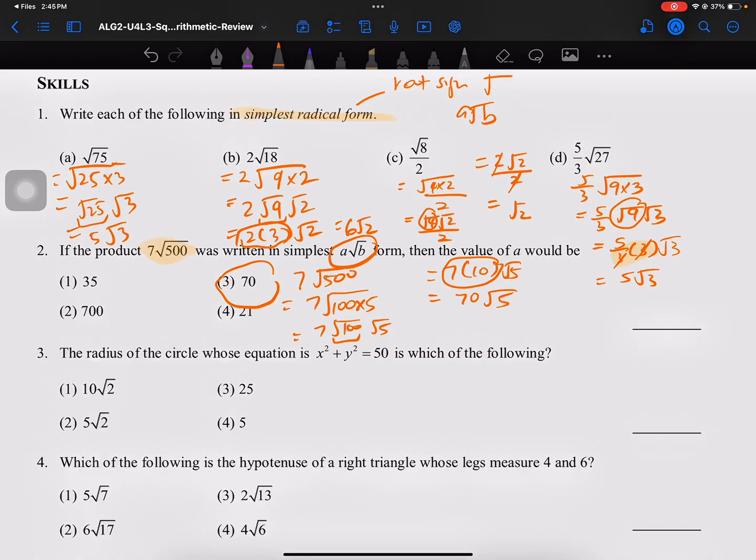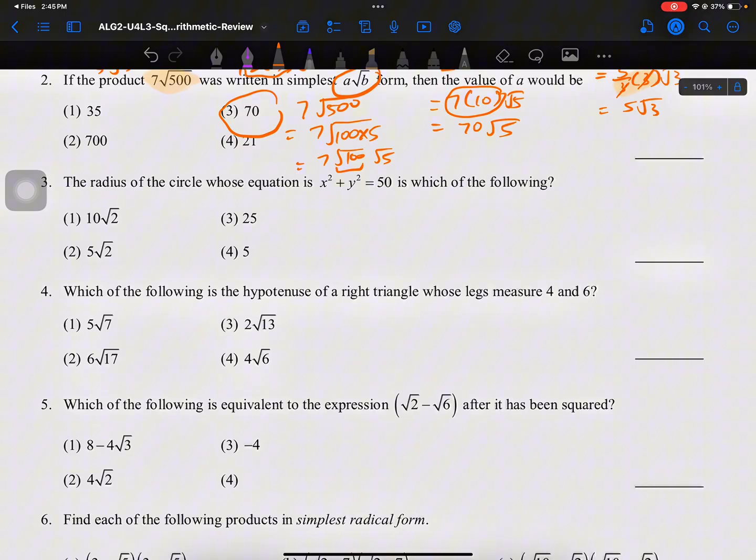Question 3, radius from a circle equation. The radius of the circle whose equation is x² + y² = 50. Our standard equation of a circle centered at the origin is x² + y² = r², where r is the radius. So we compare to the equation given to us. We know that r² equals 50, so r will be √50.